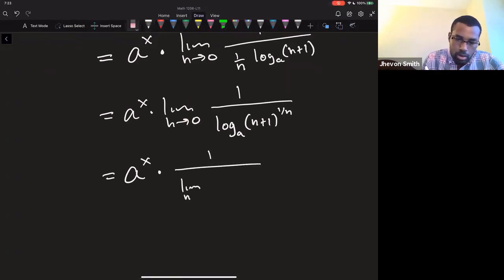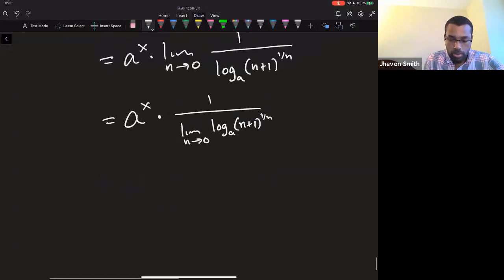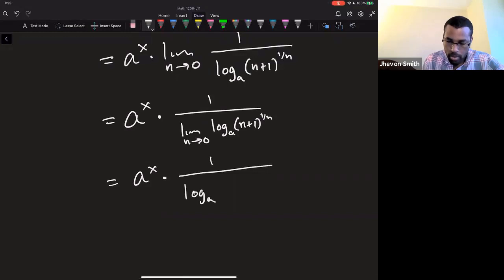This is n. That's a limit rule. And this is a rule that we get because the log is continuous. I can move the limit inside.